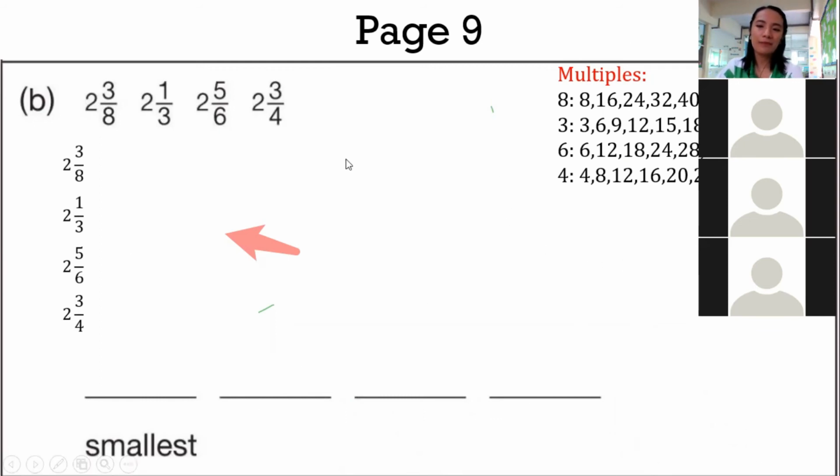Next will be, okay, so we have 24 as the LCM of the numbers. I have a question. What will we multiply to 8 in order to get 24? Who knows the answer? So 8 times blank equals 24.